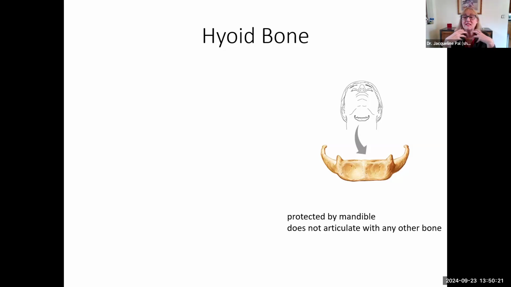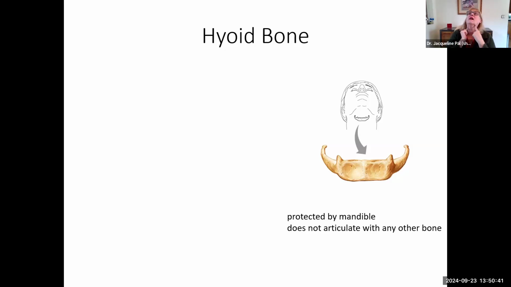There are muscles and tendons that attach to it. It's very important for swallowing, it attaches to other neck muscles, and it attaches to your larynx. It does attach with tendons to other bones in your skull.